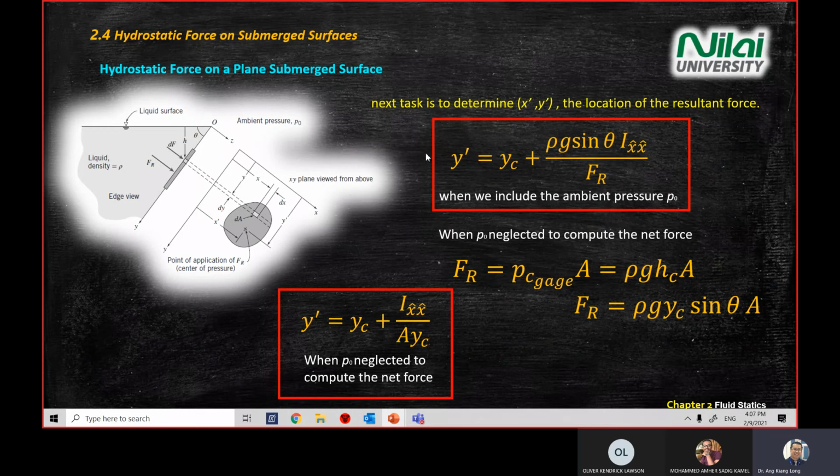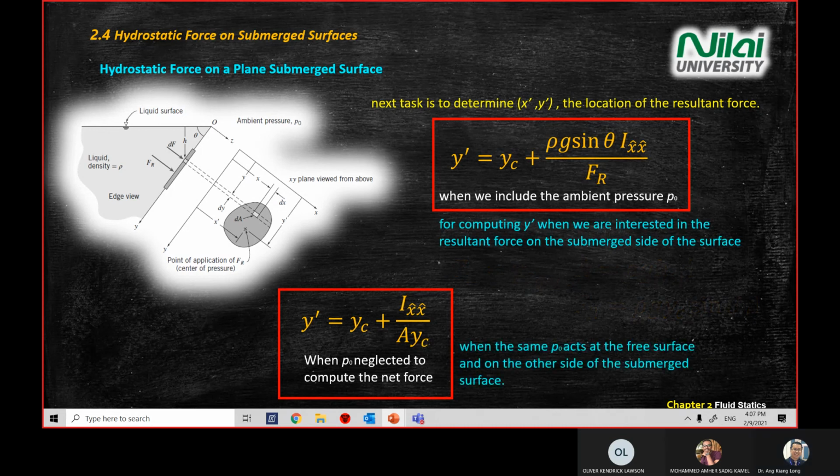What you see on the screen is y prime equals yc plus rho g sine times the second moment of your object divided by your resultant force. The first equation is when you want to include the ambient pressure. If you ignore the ambient pressure, then you use the second equation on the screen.